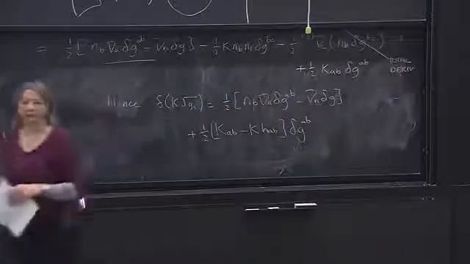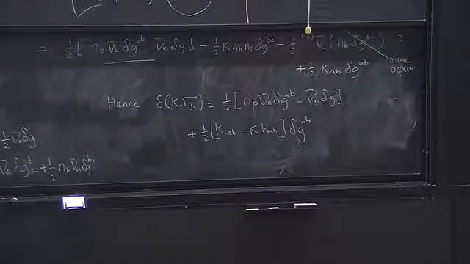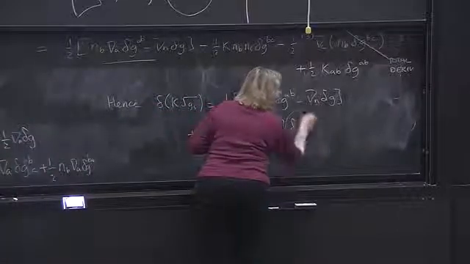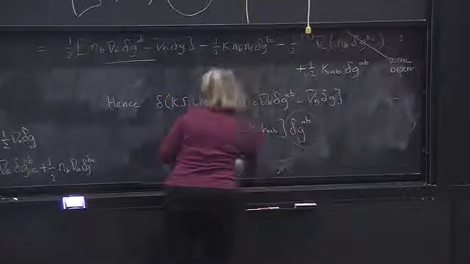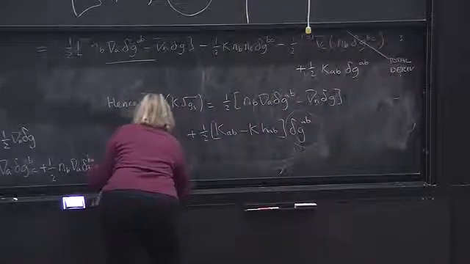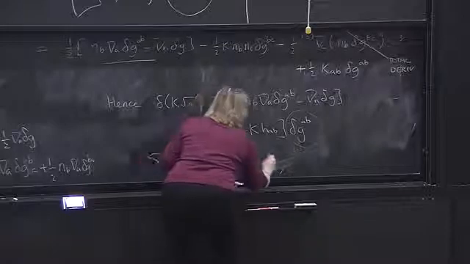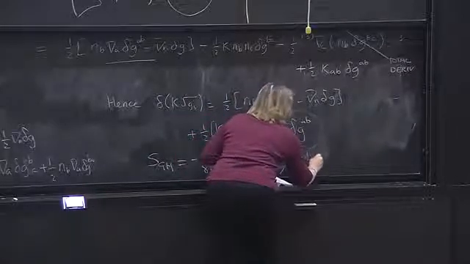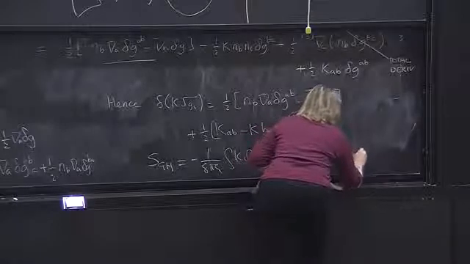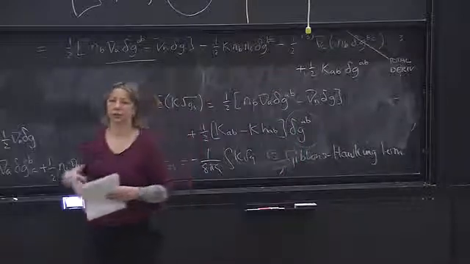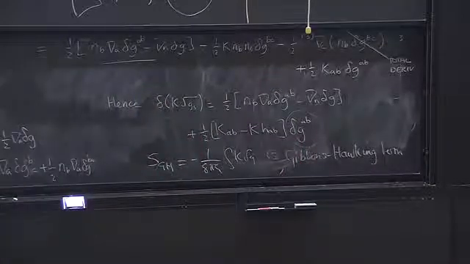So I've now rewritten it as my boundary term gives me the normal derivatives, which will cancel off, and something which now depends only on delta G, which of course vanishes on the boundary. So this boundary term, SGH, which is minus 1 over 8 pi G integral of K, is the Gibbons-Hawking boundary term. So this is how we make our gravitational action properly kosher as a variational Lagrangian principle.